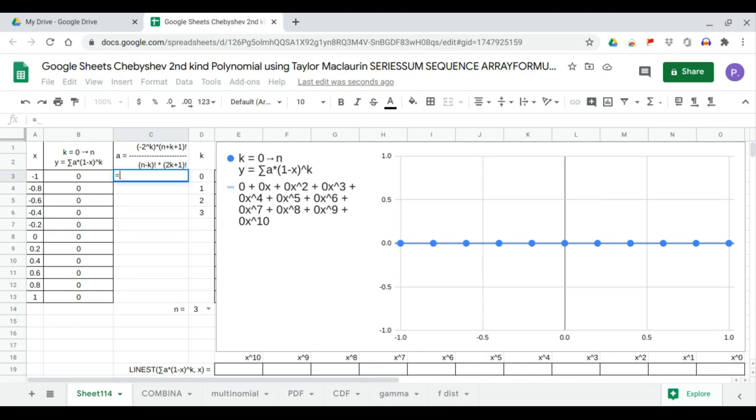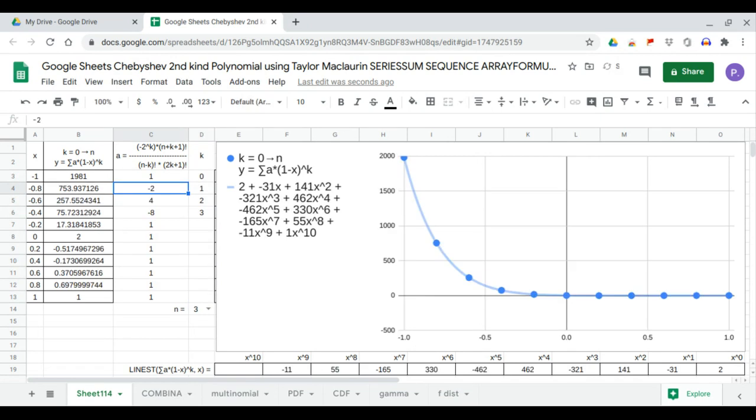And the coefficient will be starting from the numerator. So minus 2 to the power k. So if this is empty, this should be 0. So we have to correct this.